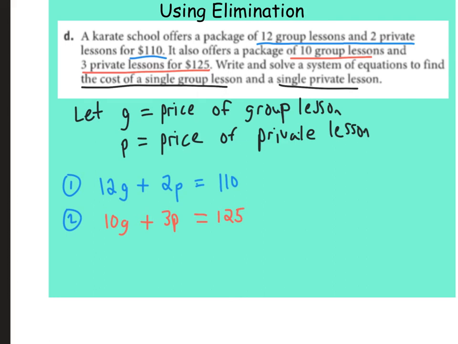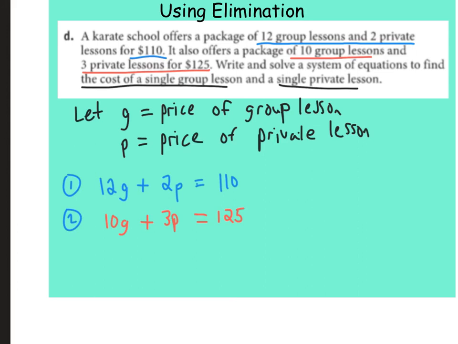If that was 4p, I could just multiply the first equation by -2 to make the p in that be -4p, and then we could eliminate. But unfortunately, this is not 4p, it's 3p. So we're going to have to multiply both equations by something. Let's do that, and let's just get a plan together.